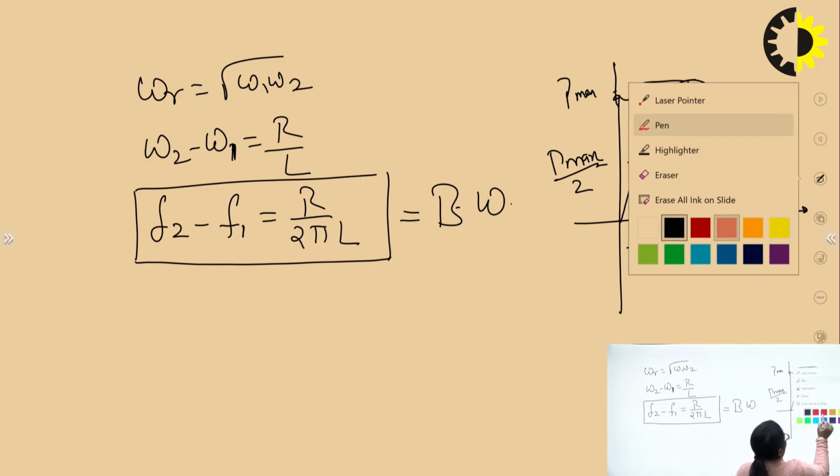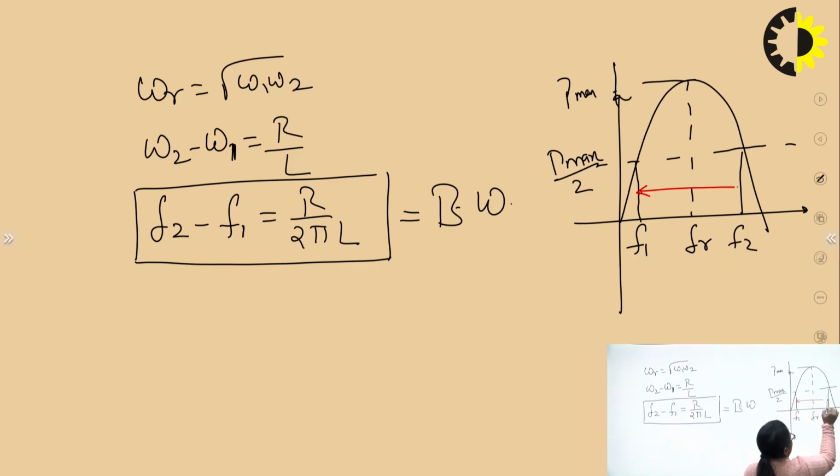And the difference of these two cutoff frequencies is given by the bandwidth. That means F2 minus F1 gives the bandwidth. The instant at which the maximum power is being halved is the one where the maximum current becomes Im upon root 2, right? So, the bandwidth is given by R upon 2 pi L in terms of circuit constants, right?